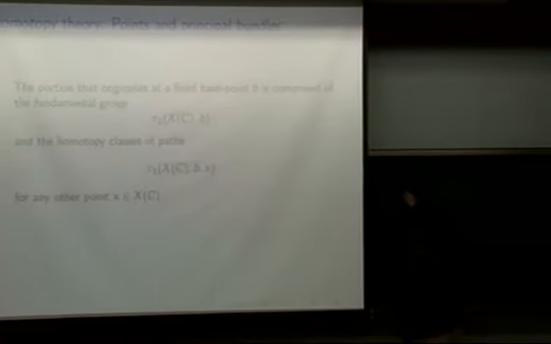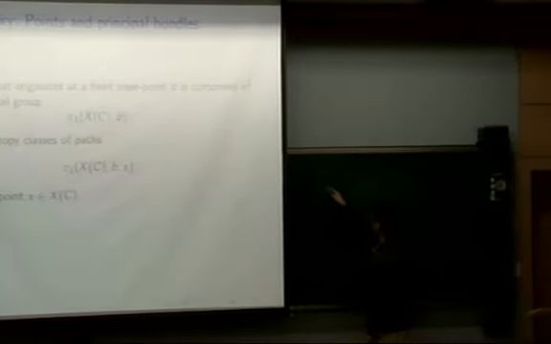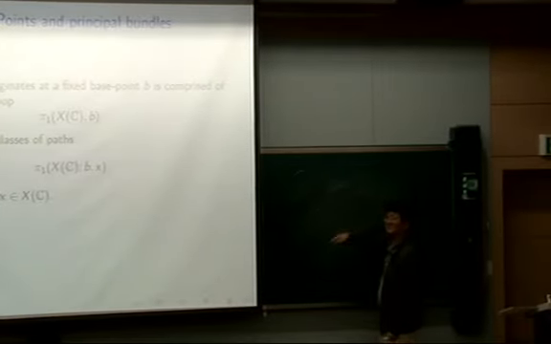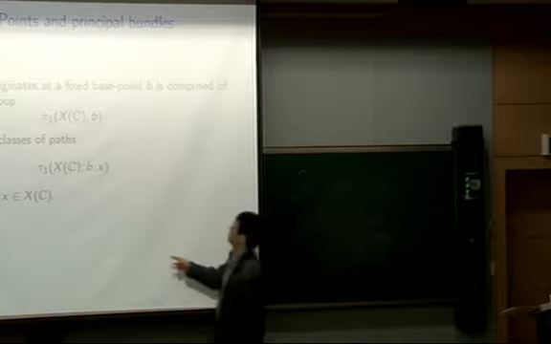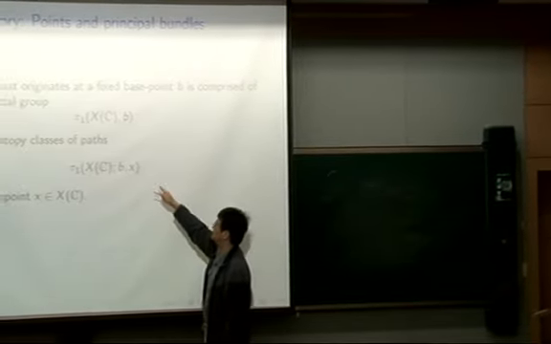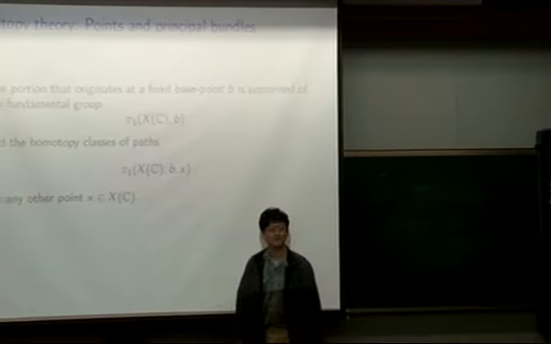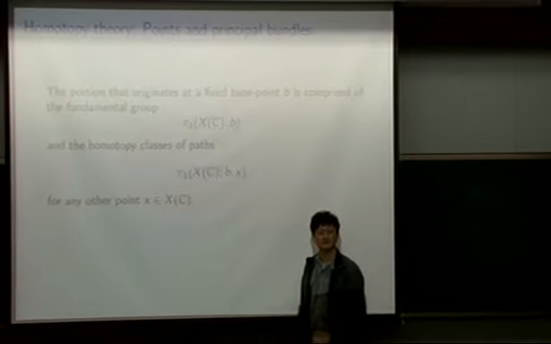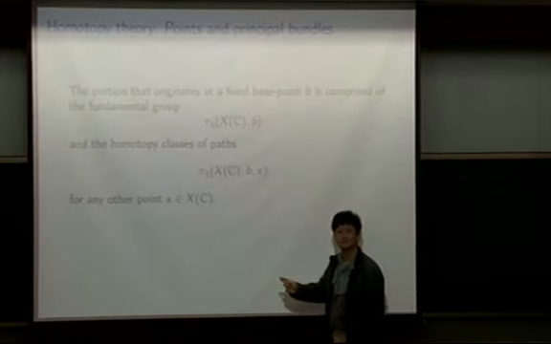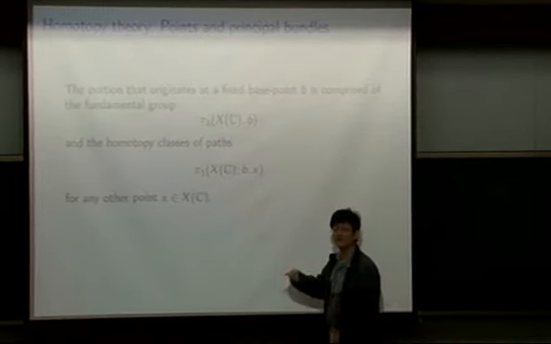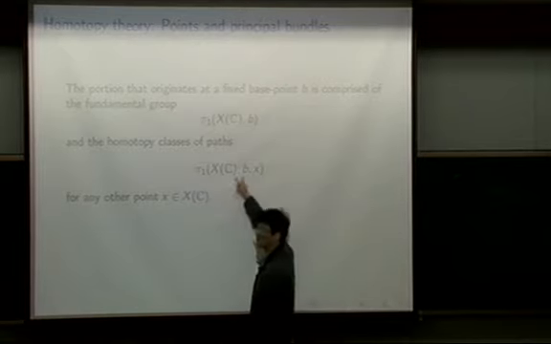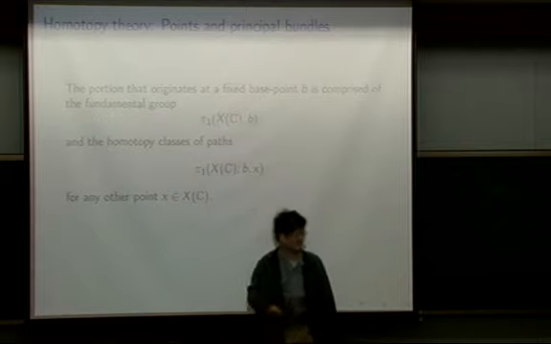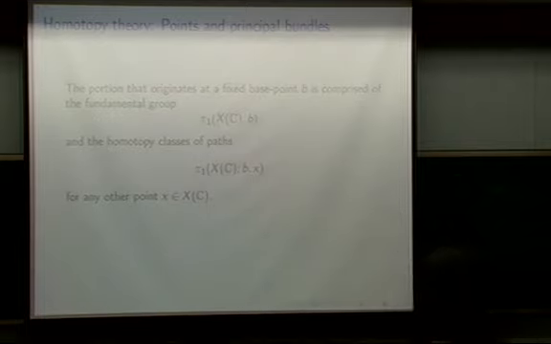But if you consider the loops at A, you can compose any one of those with a path and get another path. So in other words, there's an action of this group based at B on the space of paths for any other point X. In fact, there's a simply transitive action. So it's essentially the same, except this one doesn't have an origin. It's not a group of any canonical sort.